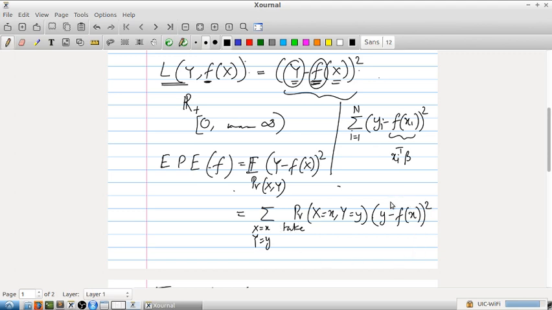Here, this is a function of your model f and the joint distribution between the input and output variables. It's not a function of data as of yet. We have not yet related EPE with this. Was it causing confusion, or any other questions?